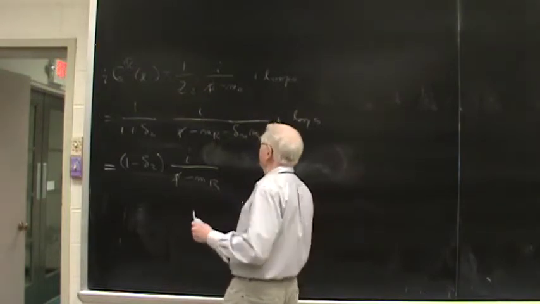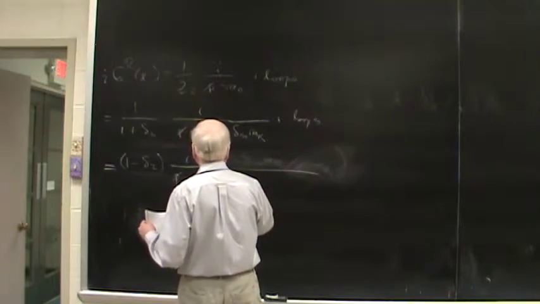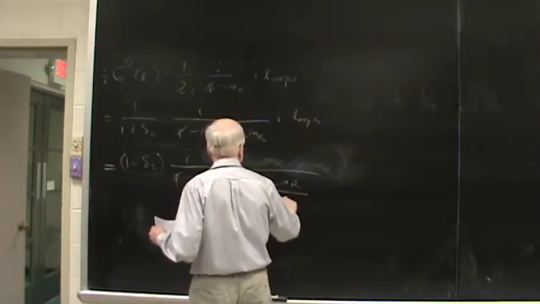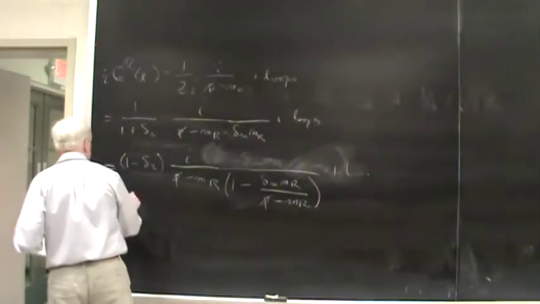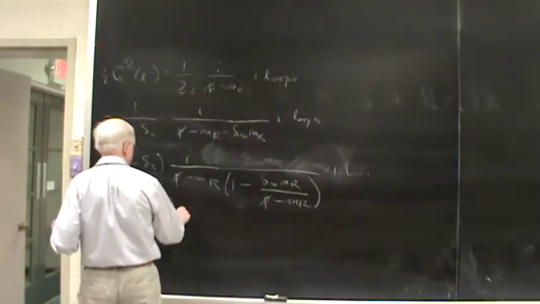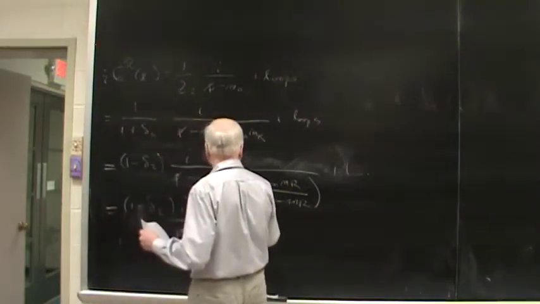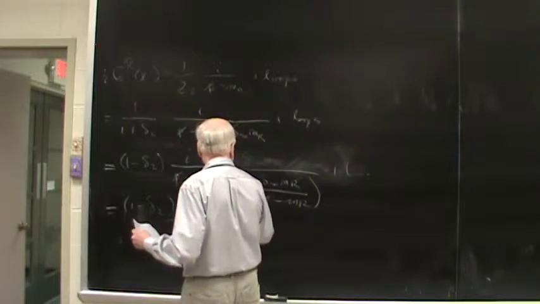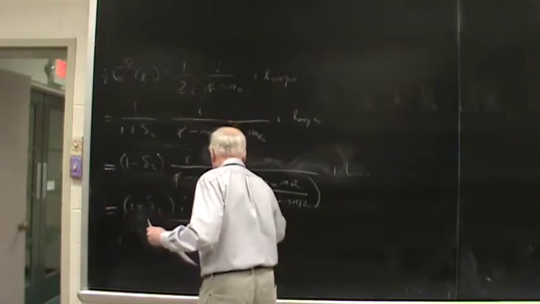Yeah, I think it's right too, but maybe we'll do it in 2 steps. 1 minus delta M MR over P slash minus MR, plus loops. And so now this is 1 minus delta 2 times i over P slash minus MR. And then up here, what we've got is 1, that, and 1 over that is just this.